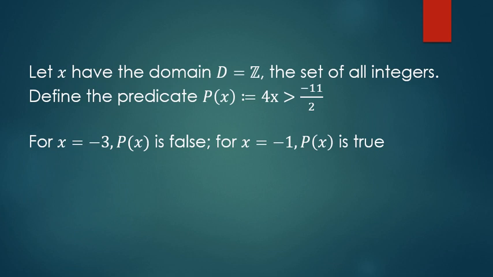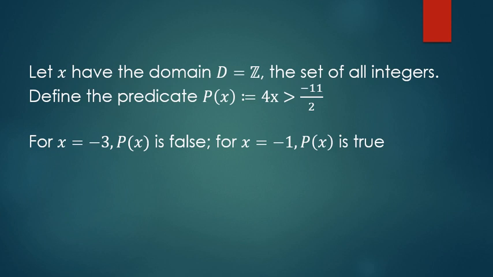If I take x equals negative 1, however, and I substitute it in for x, then that statement is true. Negative 4 is greater than negative 11 halves. So this is what we mean by a predicate containing variables, and we can only determine the truth value of that predicate once we substitute something in for the variables, or the one variable like we see in this case.